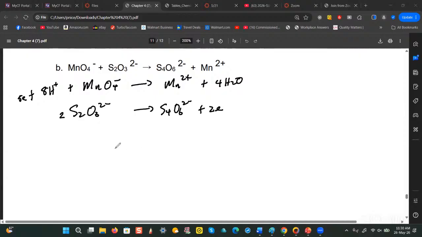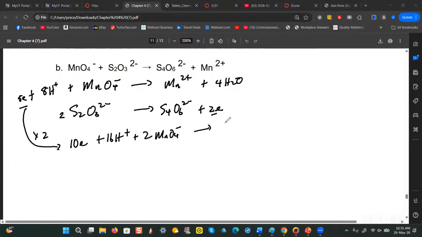Okay, next step. We have to make sure that the electrons given equal the electrons taken, the same here and here, right? So what do we multiply this by? The top by 2. Okay, so if we multiply the top equation by 2, we're going to end up with 10 electrons plus 16 hydrogen ions plus 2 permanganate ions.